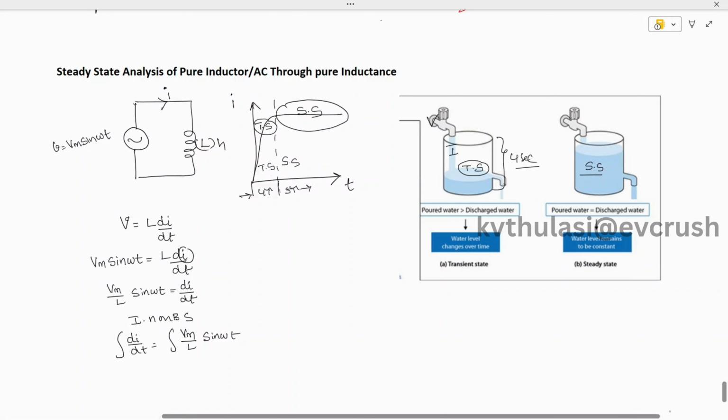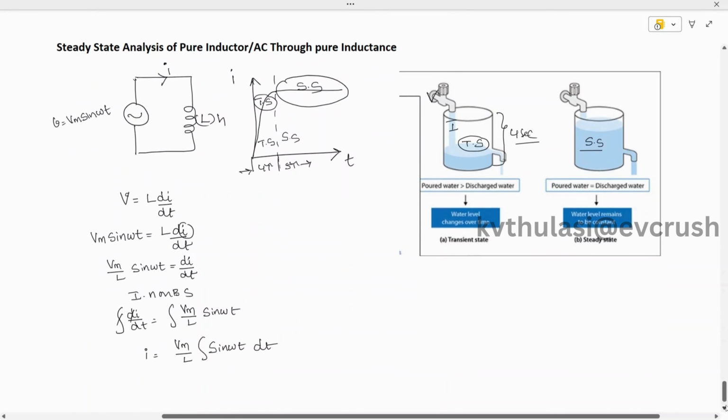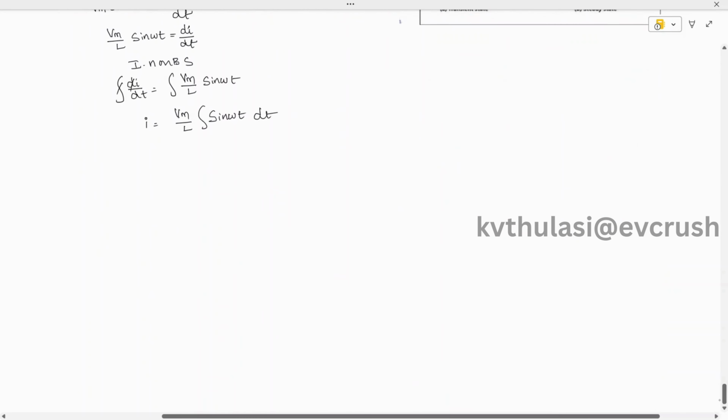The differentiation and integration cancel out, therefore current I is equal to Vm divided by L into the integral of sine omega t dt. Let's perform the integration and solve.